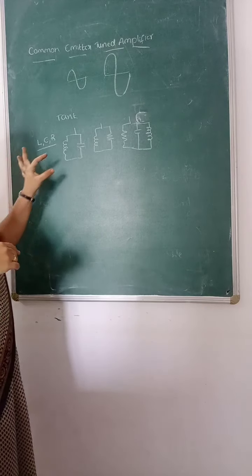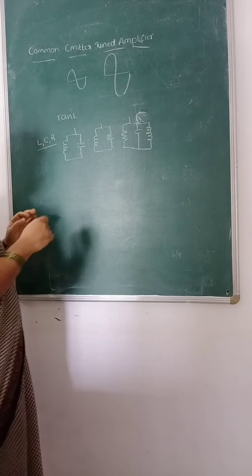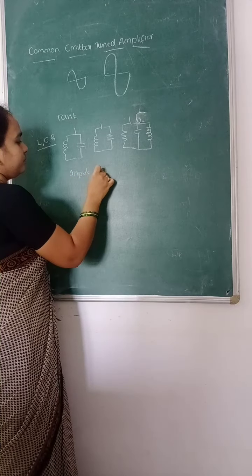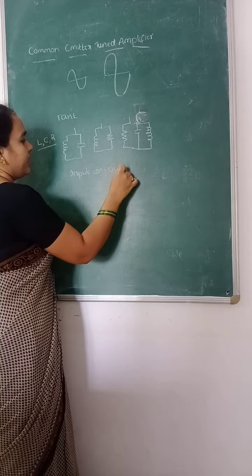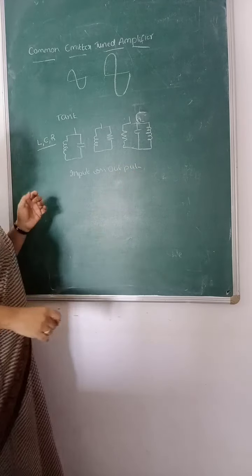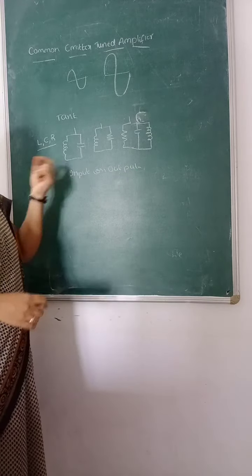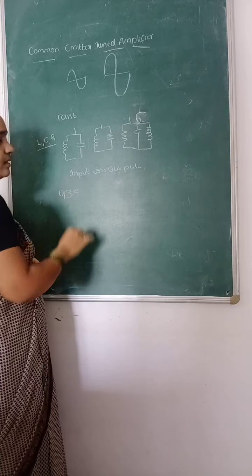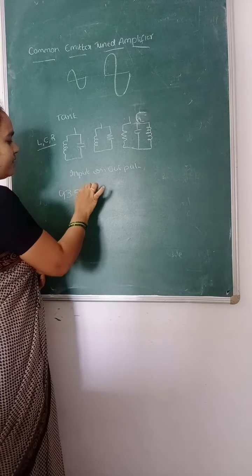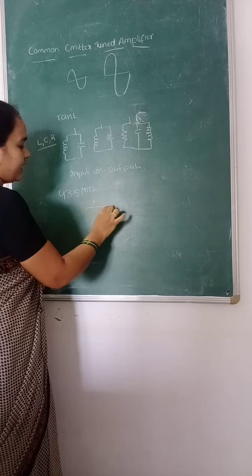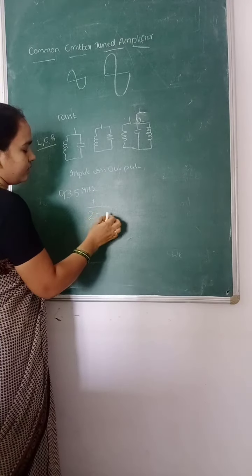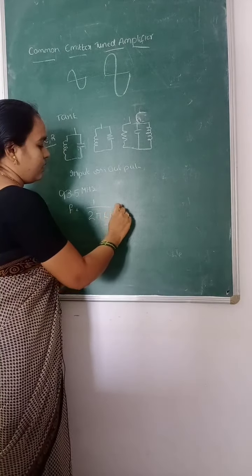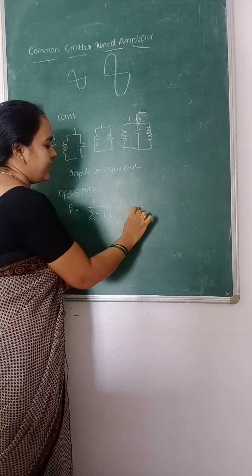If you place this tank circuit in the input circuit or output circuit, we can select the frequency. That is, if we are going to select a frequency of 93.5 megahertz, accordingly, the frequency is 1 by 2 pi root LC or 1 by 2 pi RC and so on.